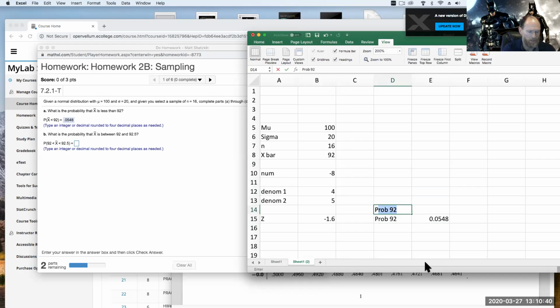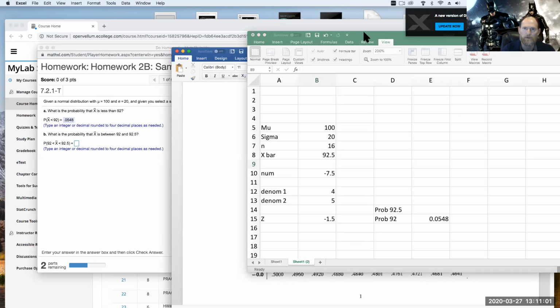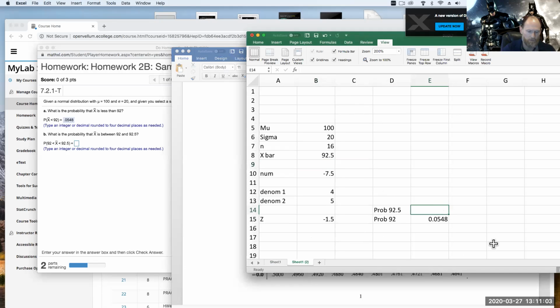Well, what is the probability for 92.5? So I'm just going to go up here and change that to 92.5. That gives me a z-score of negative 1.5. What does that turn to? That's 0.0068.